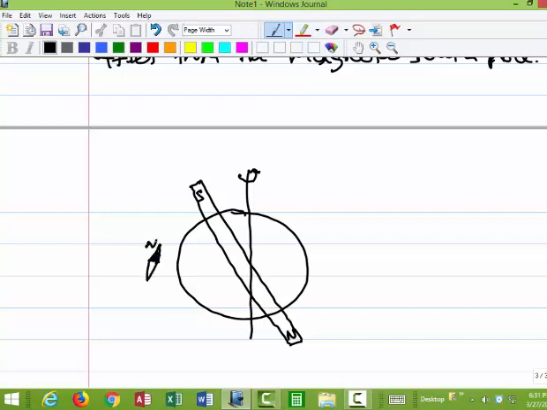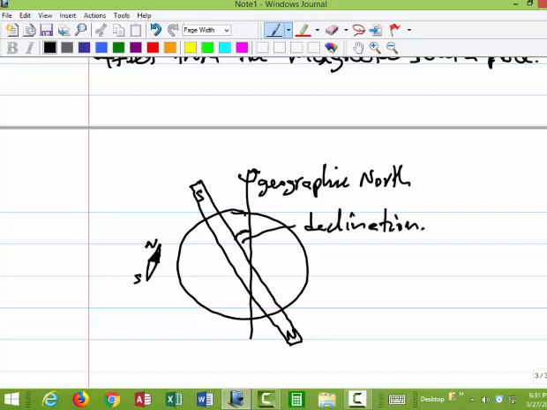This is the north of the needle, and this is the south. This is the geographic north pole, and the angle between the two is called the magnetic declination. Basically, the magnetic pole moves around, and apparently it flips every few hundreds of thousands of years.